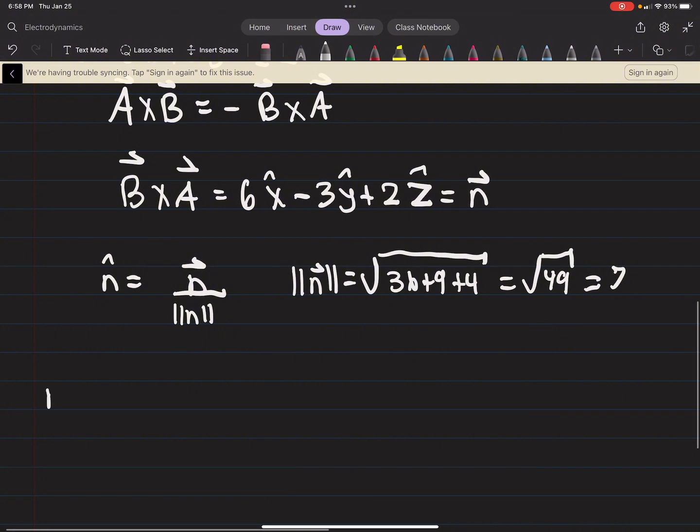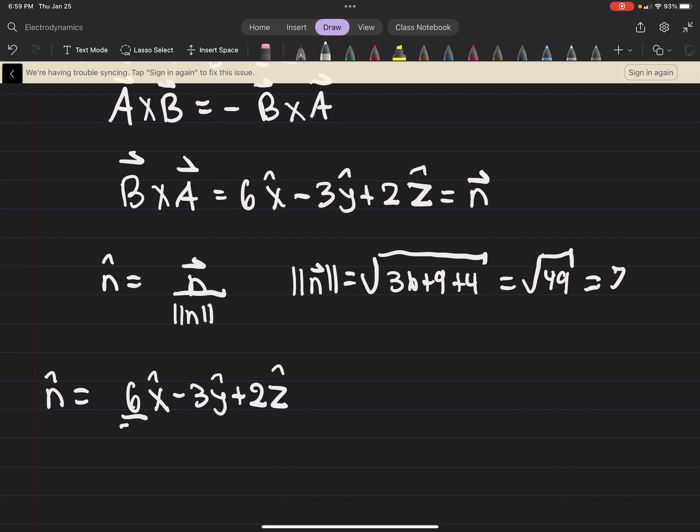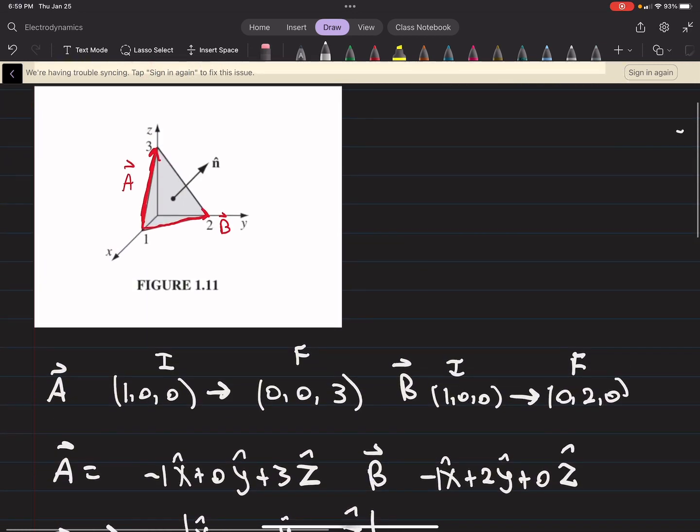So n hat, which is what we want, is going to be 6 x hat minus 3 y hat plus 2 z hat, all divided by 7. And that will be your unit vector.